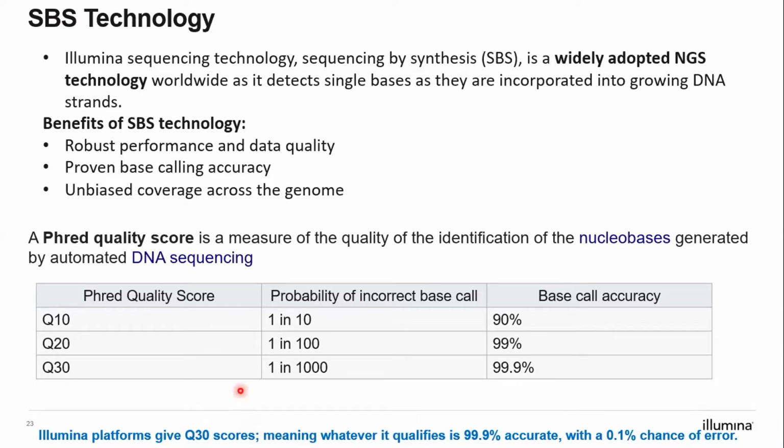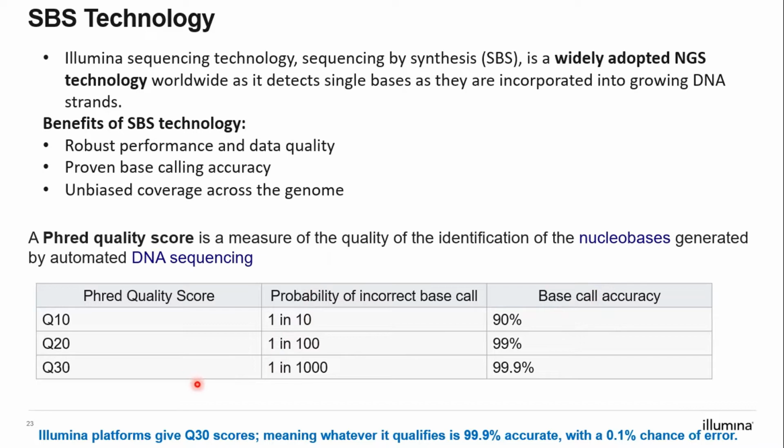Any sequencing reaction in the world is always tested based on a quality score metric for DNA sequencing, the Phred score. There are 3 different scores like Q10, Q20, and Q30. It actually means the probability of incorrect base calls. Let's say you sequence 10 bases, and the chance of one being wrong makes the base calling accuracy 90%.